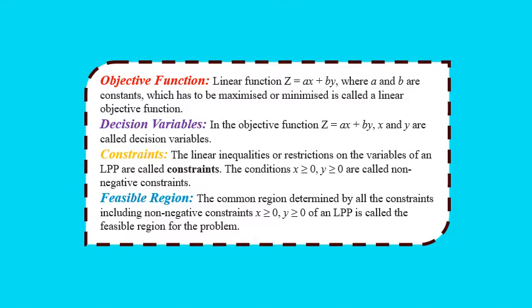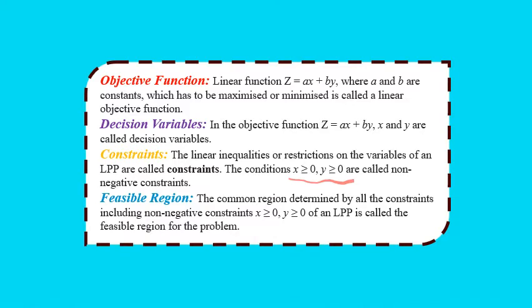Constraints. The linear inequalities that are restrictions on the variables of an LPP, that is linear programming problem, are called constraints. The conditions x greater or equal to 0, y greater or equal to 0 are called non-negative constraints. Constraints means the inequalities which restrict the variables.